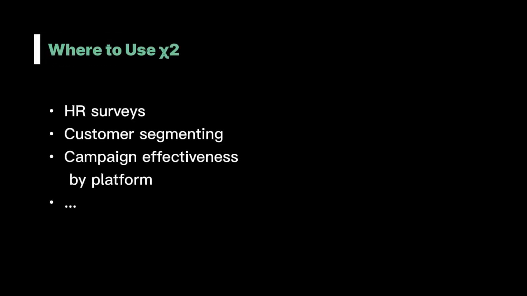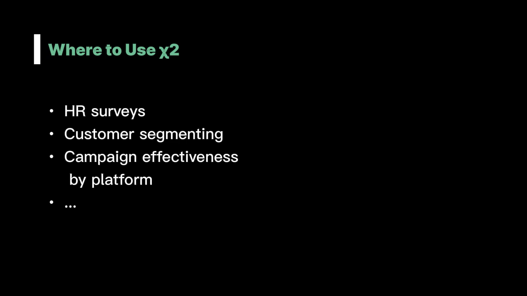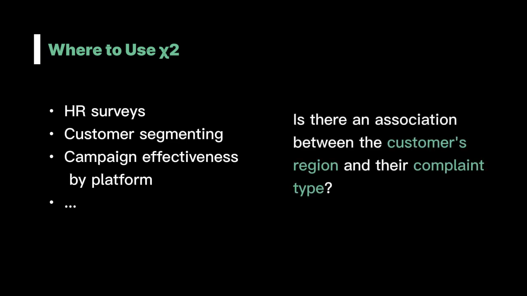You can immediately apply the chi-square test to critical business questions. For HR surveys, is there a relationship between department and intent to leave? Or when it comes to customer feedback, is there an association between the customer's origin and their complaint type?